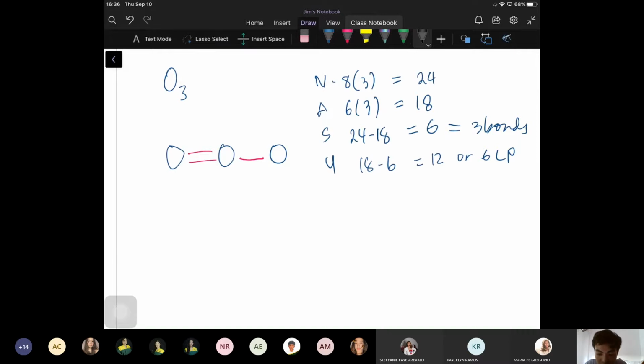It only requires 4 more, so in the form of 2 lone pairs, it is octet. In the middle oxygen, you have 6 electrons around it, and it requires 2 more to become octet, which is equivalent to 1 lone pair. And the rest of the 3 lone pairs will be placed on the oxygen at the end.